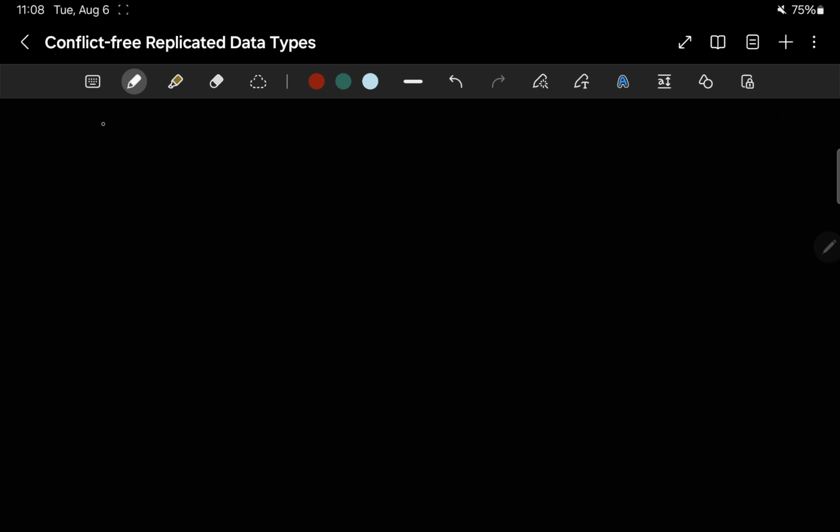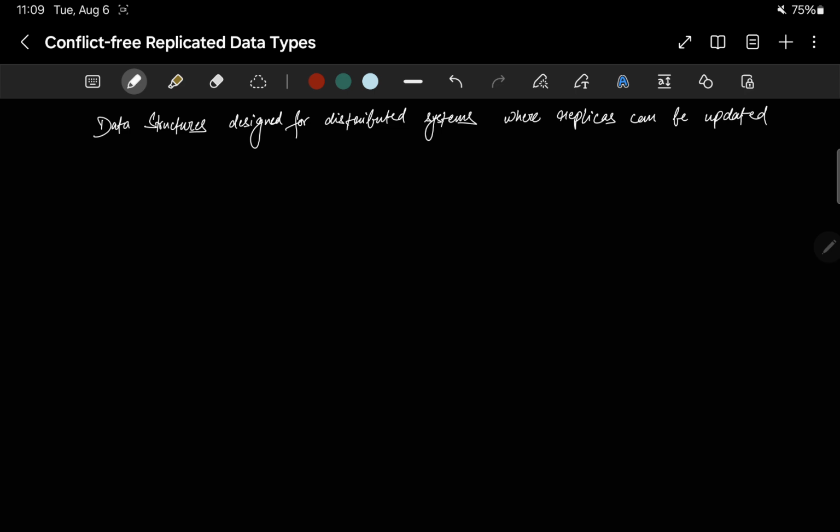So CRDTs are data structures designed for distributed systems where replicas can be updated independently without coordination.